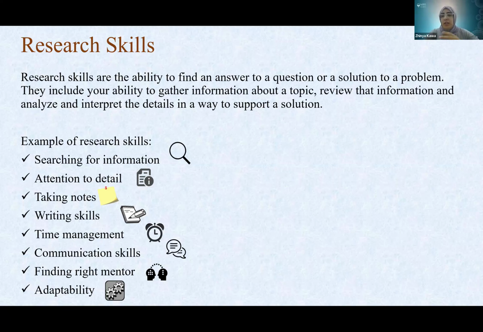For example, I'm giving you this example to make it clearer. If you want to talk about digital health among a certain community or a certain country, for the words digital health alone, we have several keywords that refer to the same thing.